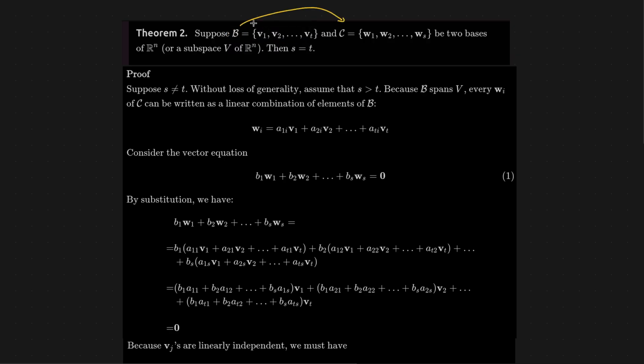We could just rename them. So that's this line here, without loss of generality. We're assuming that one is bigger than the other, but it really doesn't matter which one it is because we could just rename them. Without loss of generality, assume that s is bigger than t, which means basis C has more vectors in it than basis B.